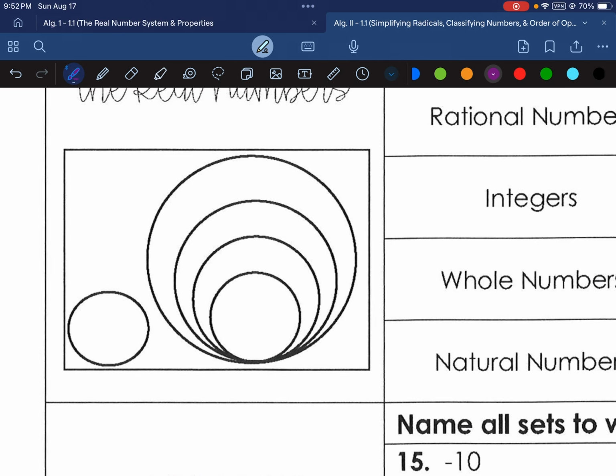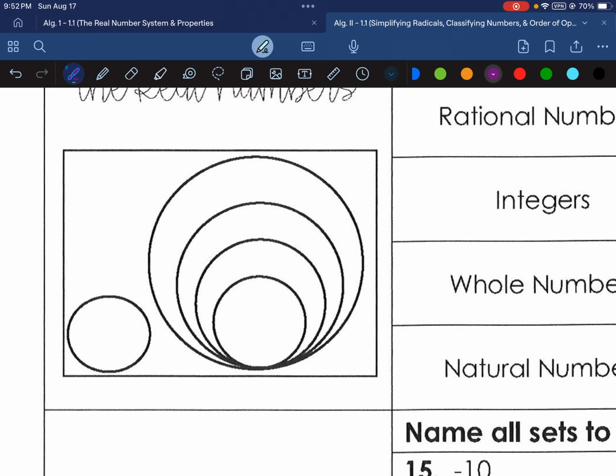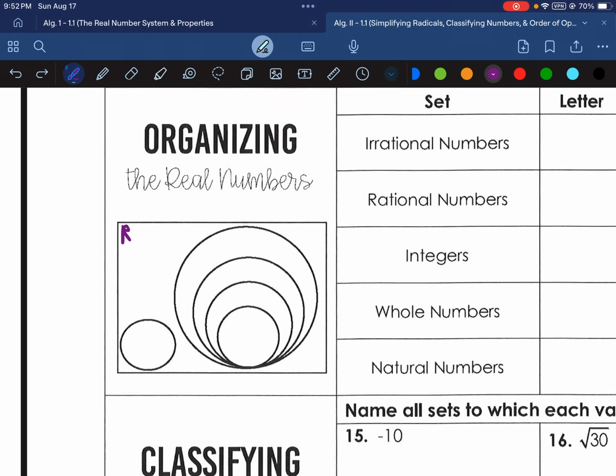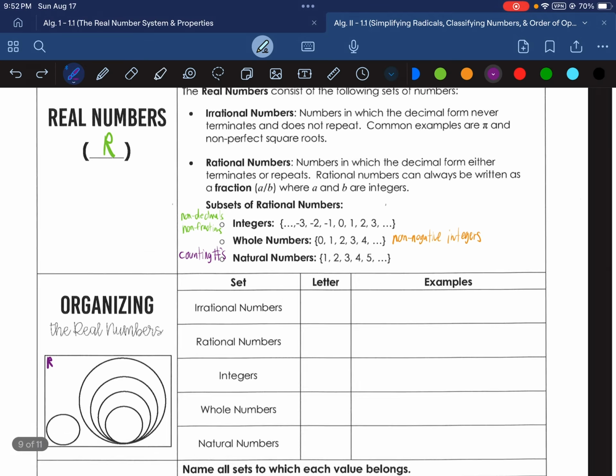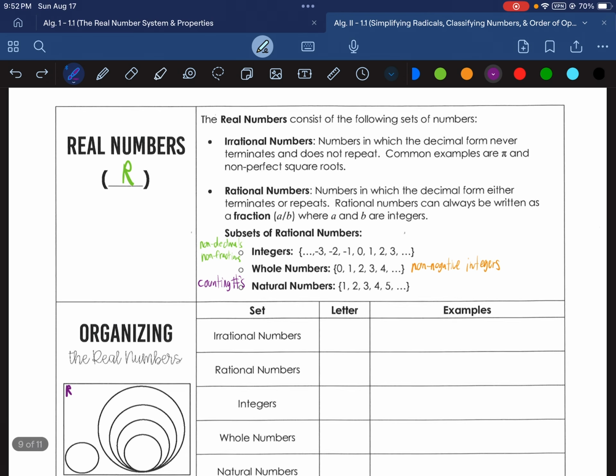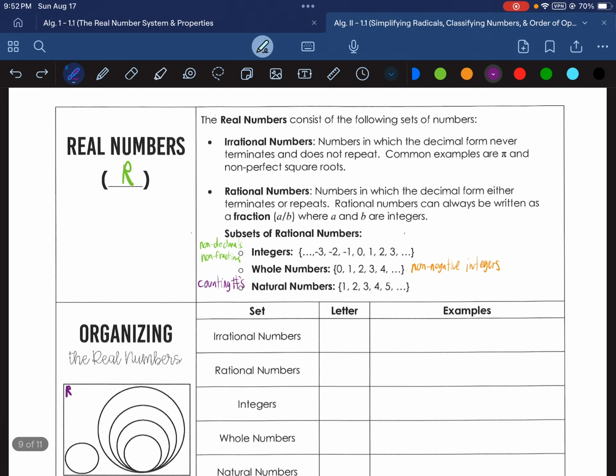Now this is a little box here that showcases how these number systems work within each other. So this whole box here shows us the real number system, or capital R. The smaller circles go into all of these. In order to do this well, we can't really write the words like natural or integers in there very well, so we need letter abbreviations for each of these.